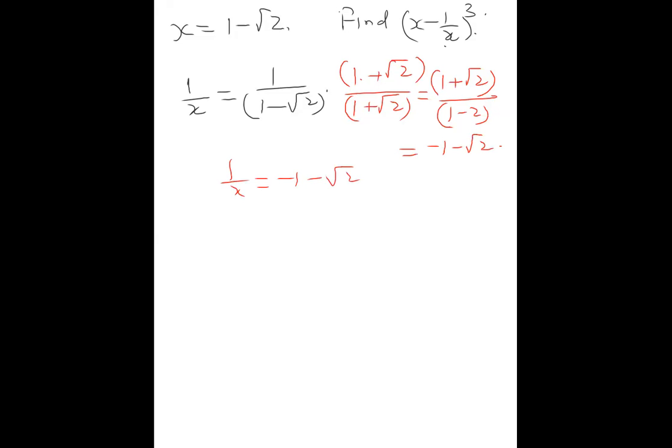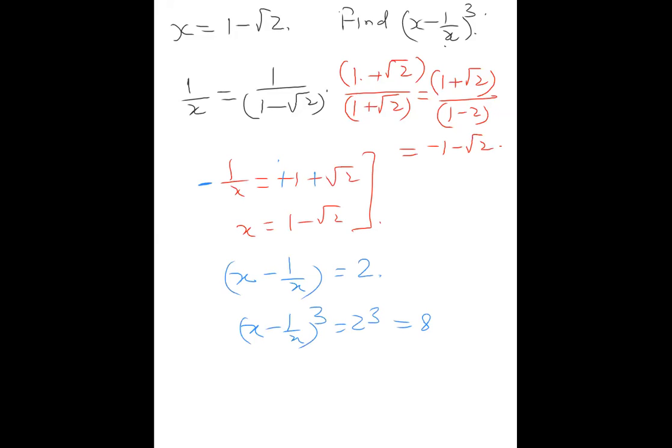And x was 1 minus root 2. We have to solve for x minus 1 by x. So the minus sign, this will be plus, this will be plus. Adding both the terms, this will be 2 only. Applying cube both sides, I'm getting 2 cube, which is equal to 8. Very simple.